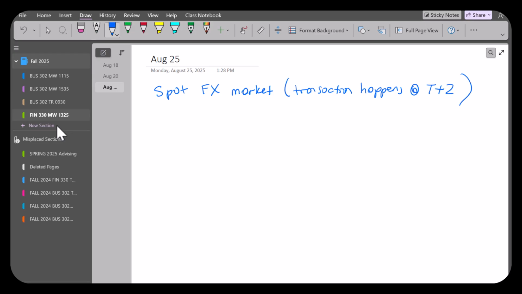So if we agree on a transaction today in the interbank market, we agree on getting the euros and delivering the dollars 2 business days from today. That's what spot market is. Just like the stock market. When you buy stocks, the cash actually gets out of your account 2 trading days after. A lot of brokers allow you to take it out early, but the actual transaction clears at T plus 2.